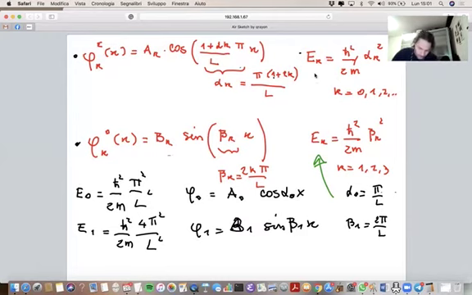And then when I go to the next energy, the next energy in increasing order is going to be again in the cosine family, and it will be 9 pi squared over L squared, and this will be in the cosine family.